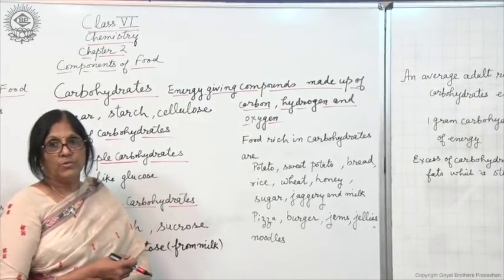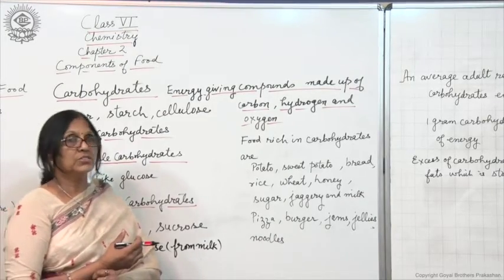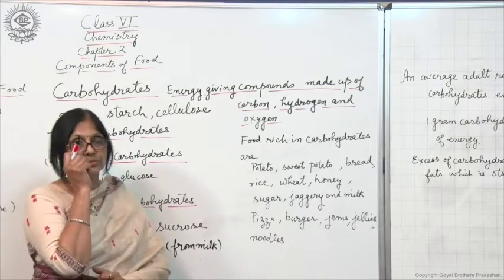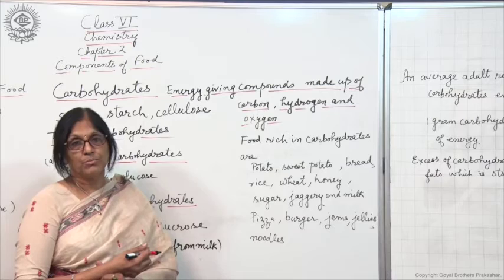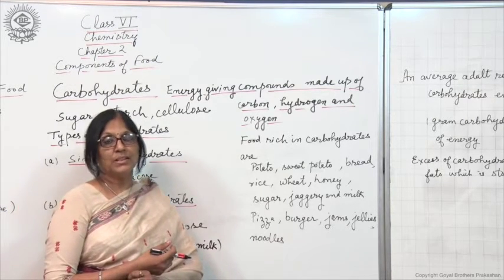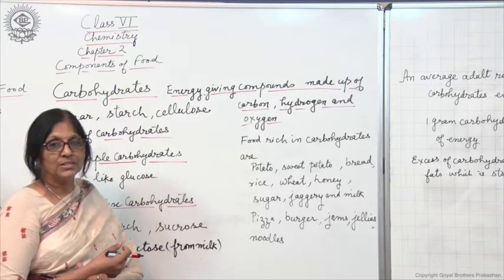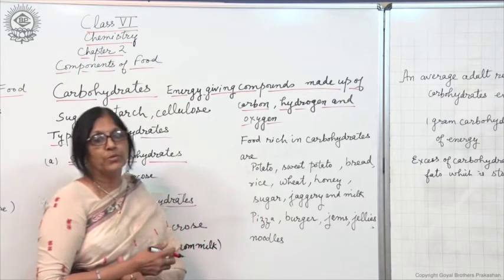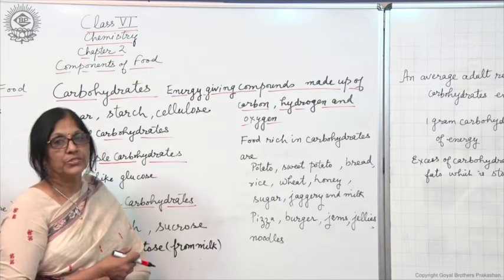You must be fond of eating pizza, burger, jams, jellies, noodles, right? These are processed foods. These are made of very fine wheat flour, maida, you must have heard about. Your mouth must be getting watered by listening to the names of such tasty foods, isn't it? Now these different types of food items also are rich in carbohydrates.